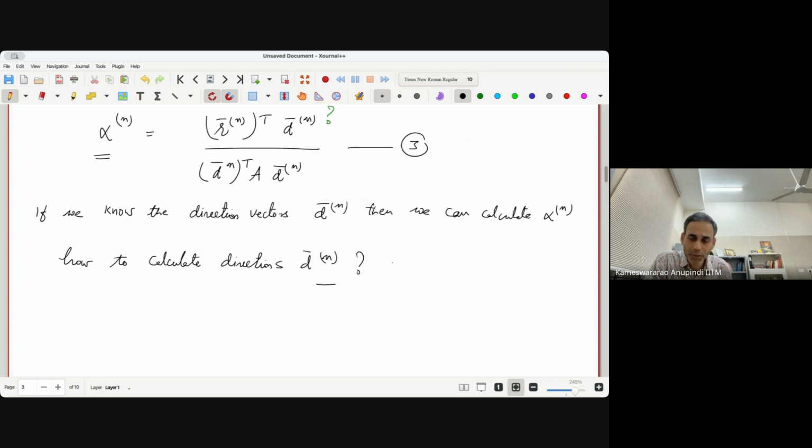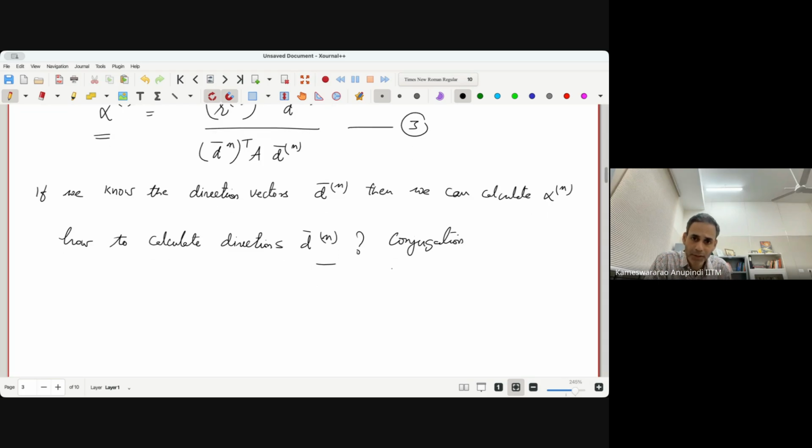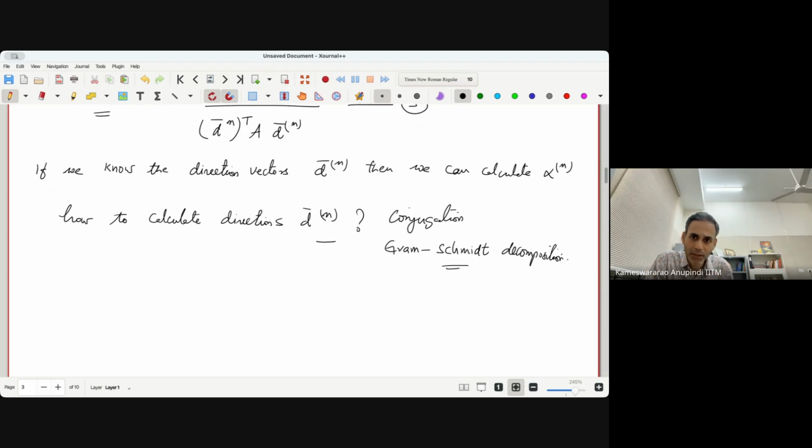Here we use something called conjugation, which is basically the conjugate gradient method. For this, what we are actually using is known as the Gram-Schmidt decomposition, but we are doing it in a slightly different way so that this is not visible as such, or Gram-Schmidt conjugation.